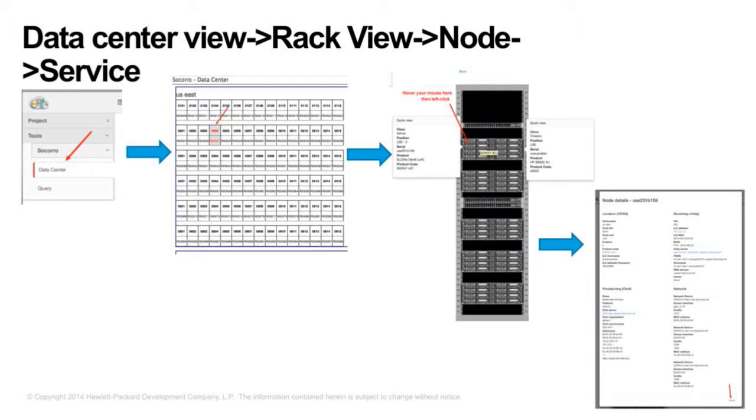Though it's not visualized here, another key piece of value is that you would be able to see the data from the service, for example Nova. If this particular node in a particular rack was hosting Nova instances, you would be able to see at a glance that those instances reside on that node.